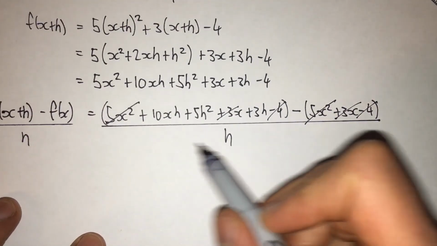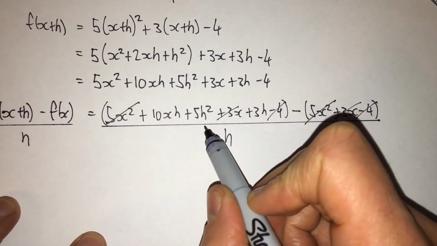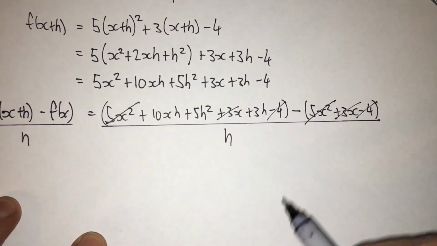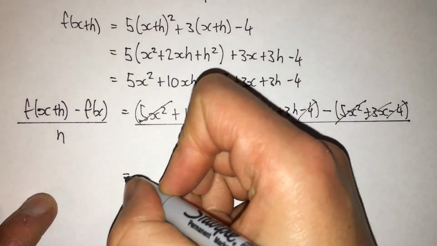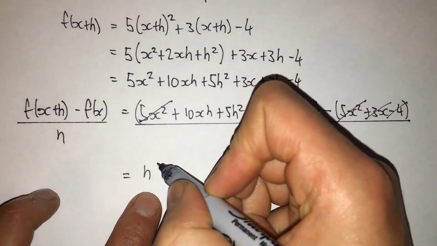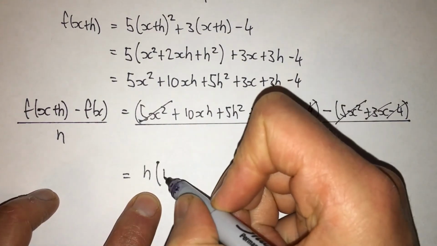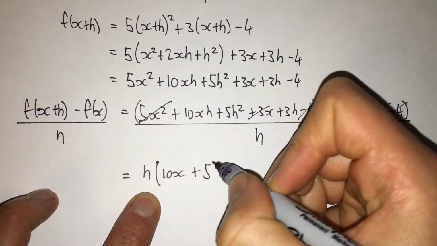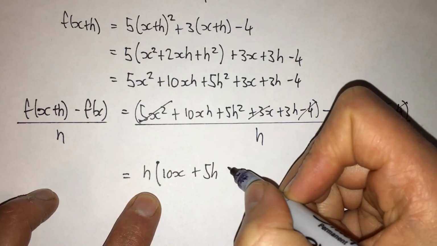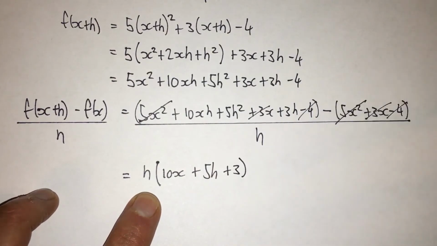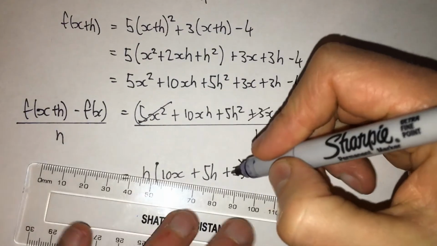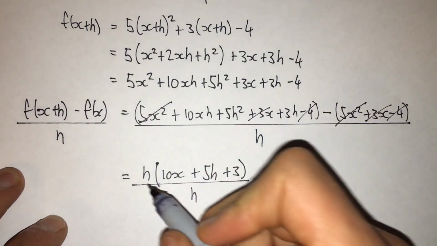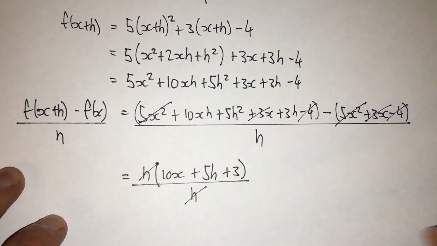Now if we look at this carefully, there's an h in each term on the numerator and an h on the denominator, so I'm going to take that out as a factor. So h, that's going to leave me with 10x for this term, 5h for this term, and plus 3 for this term. And that's still all over h. And now these two can cancel.